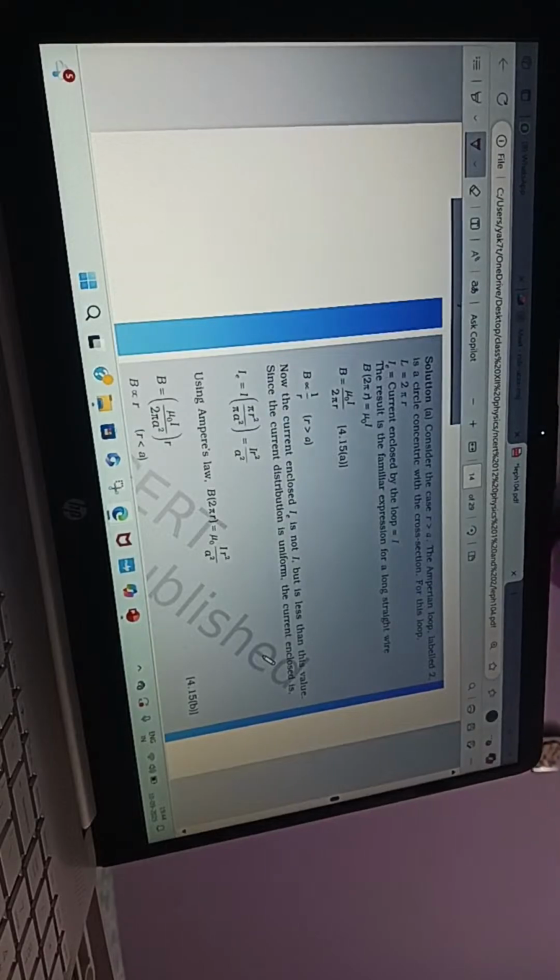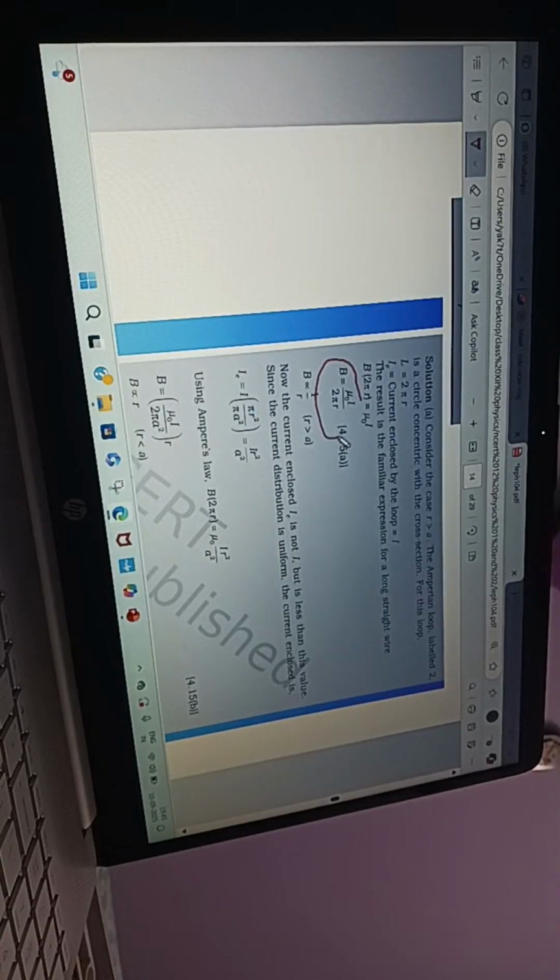Answer you want to see and try to understand? R is greater than a. Well, there is a current, so is there a magnetic field or not? Outside is very simple. There is a magnetic field which is mu naught I by 2 pi r, of a straight current wire, which we just derived.